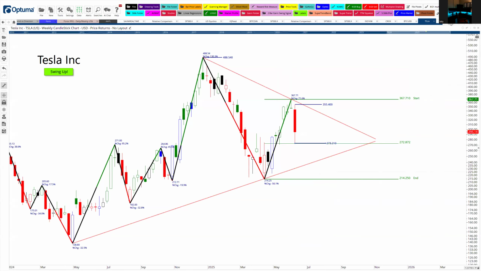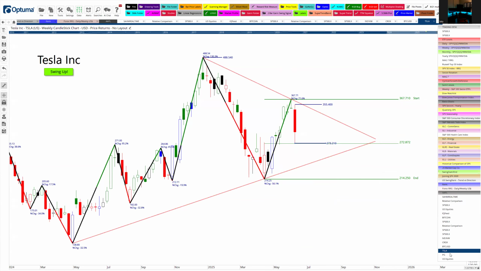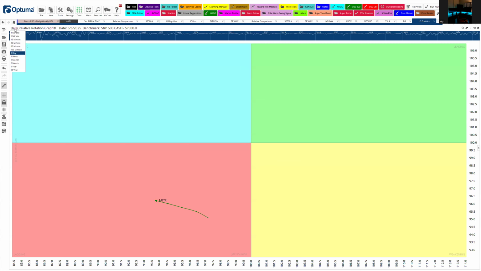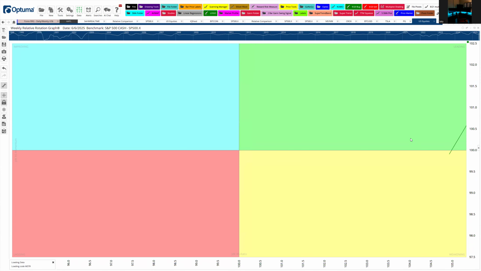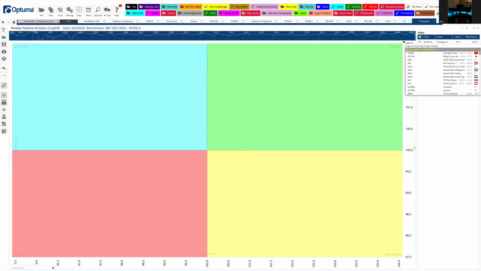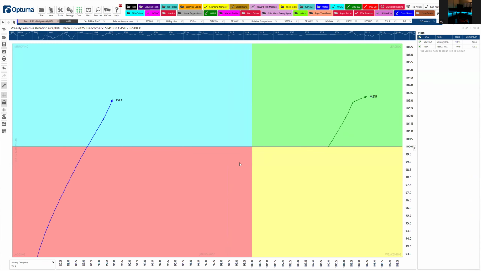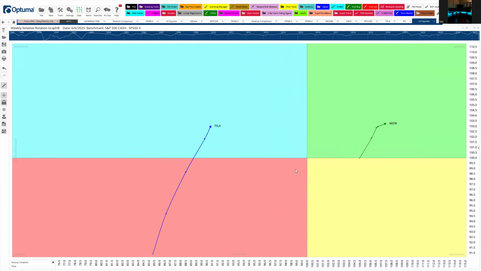Now, if you go back to the weekly, it looks like a beast.